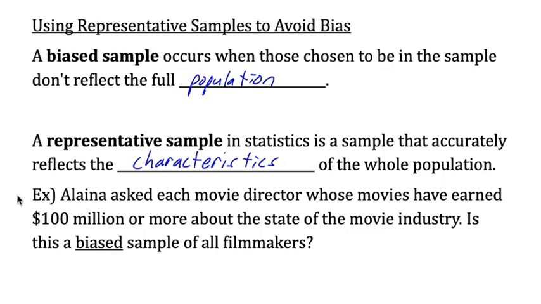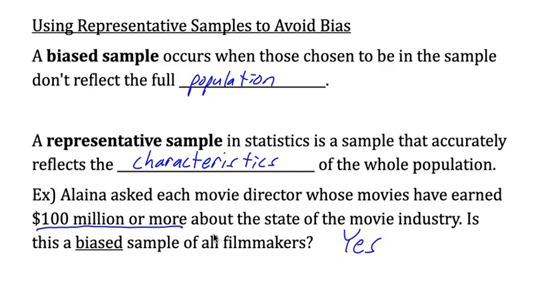Here's an example. Elena asked each movie director whose movies have earned $100 million or more about the state of the movie industry. Is this a biased sample of all filmmakers? So yes, this is biased because she only asked directors who earned $100 million or more.